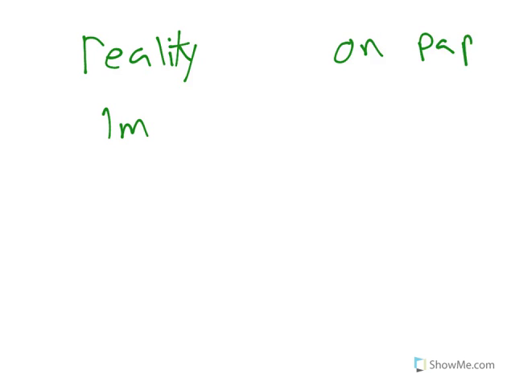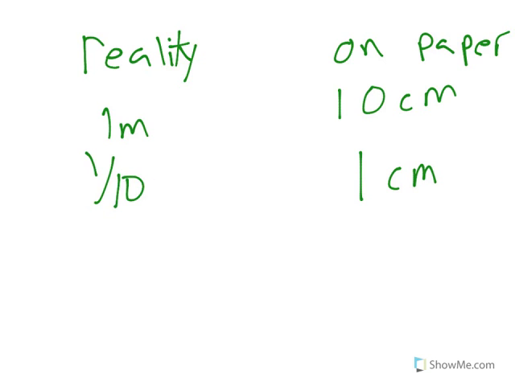So the meter stick in reality was 1 meter long. On paper, it was 10 centimeters long. Okay? So what that means, if 1 meter is 10 centimeters on paper, then for every 1 centimeter on paper, it's 1/10 of a meter. Hopefully this makes sense to you.